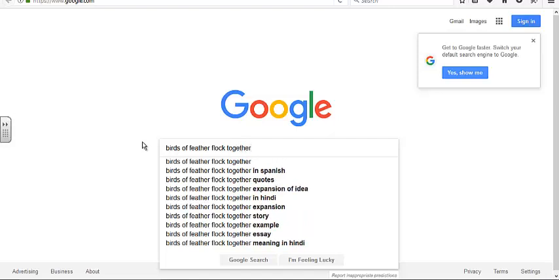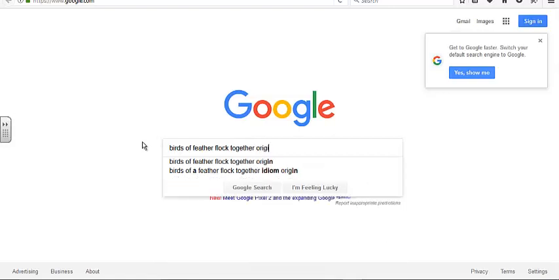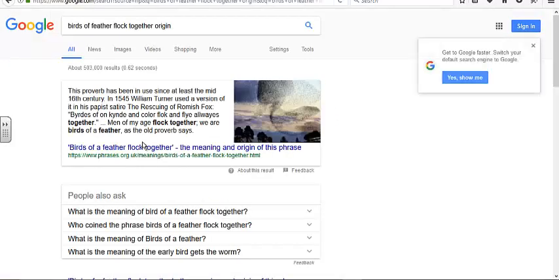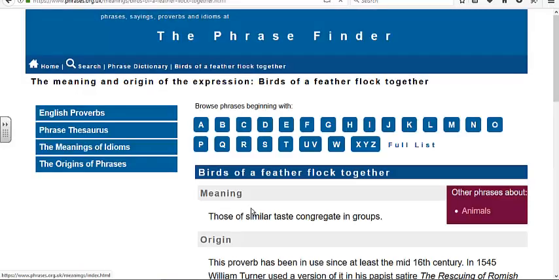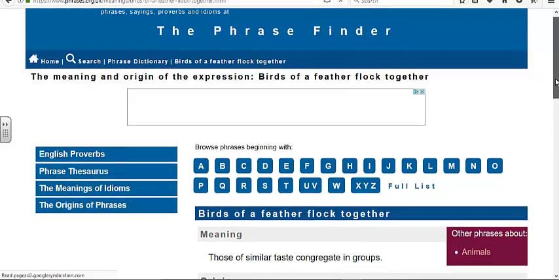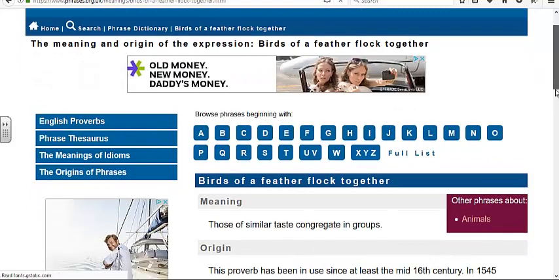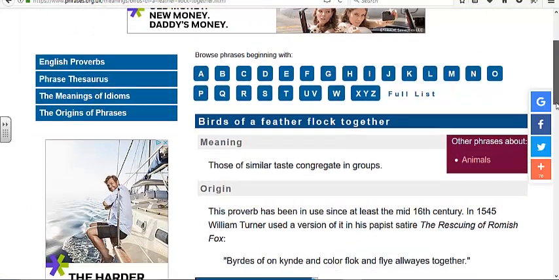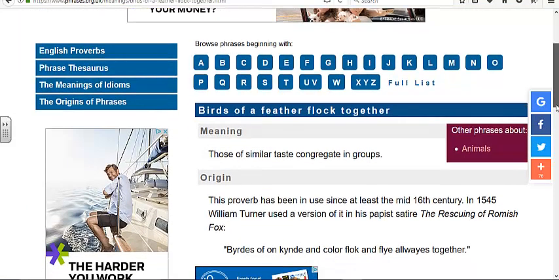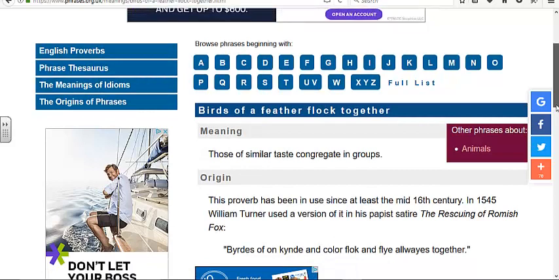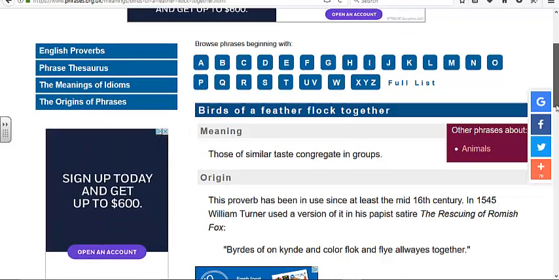We can find it in Hindi. That'd be interesting. So the meaning is those of similar taste congregate in groups. This proverb has been used since the mid-16th century. In 1545, William Turner used a version of it in his satire, The Rescuing of Romish Fox.